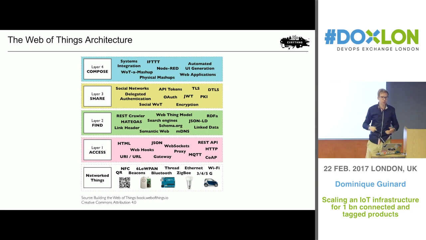So security, you can of course leverage the goodness of web protocols and sometimes adapt it. So that would be DTLS versus TLS, for instance, where DTLS is a lightweight version of TLS for embedded devices. But it's also showing that you can leverage things like social networks and so on to basically share data from different things.